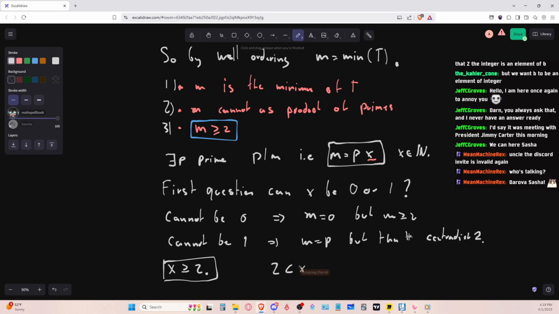So m is basically supposed to be x times something. So x is a divisor of m, but p is also a divisor of m. So it involves the divisors.